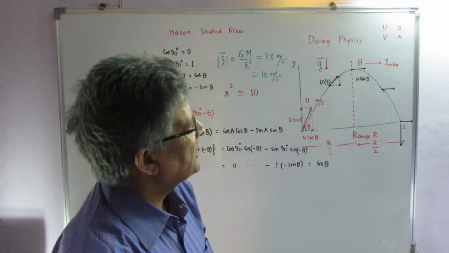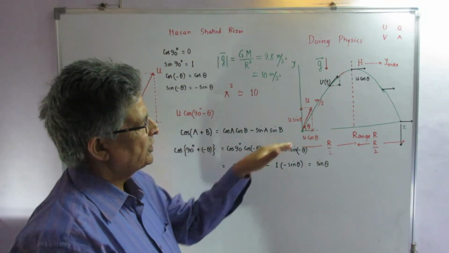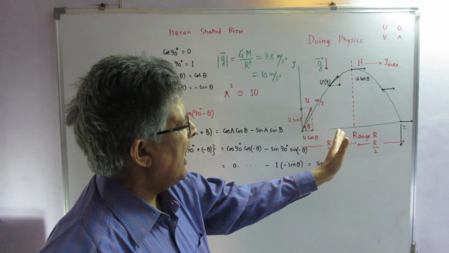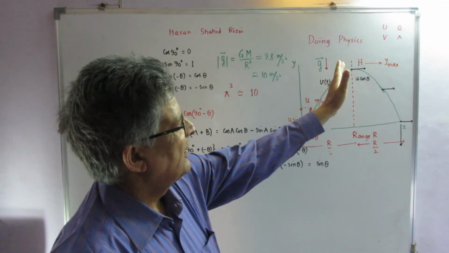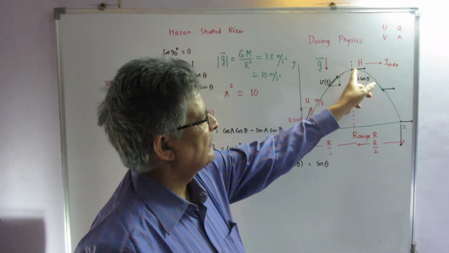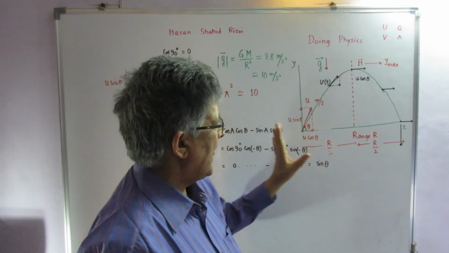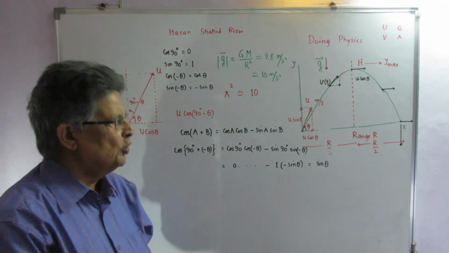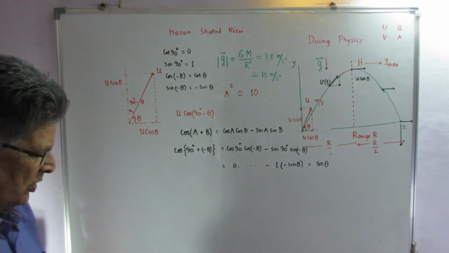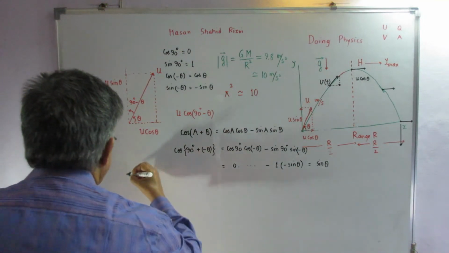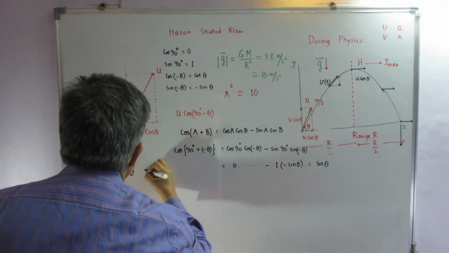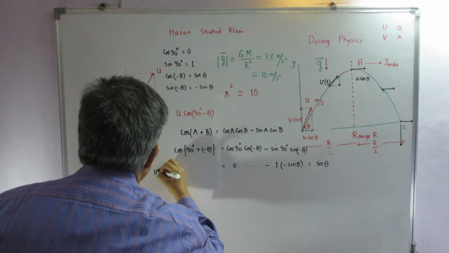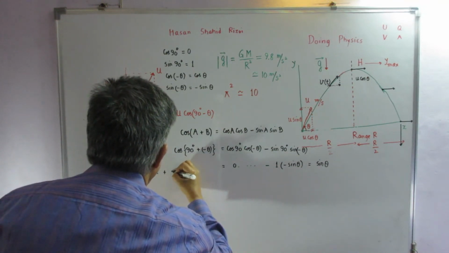The u cos theta remains the same, and how things are obtained. How is the rise where the vertical velocity becomes equal to 0? I have not written any equation, but the equations that we use, I'll just tell you, are of the same kind. V is equal to u plus at.